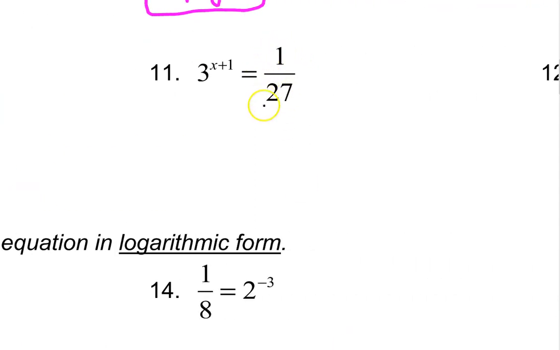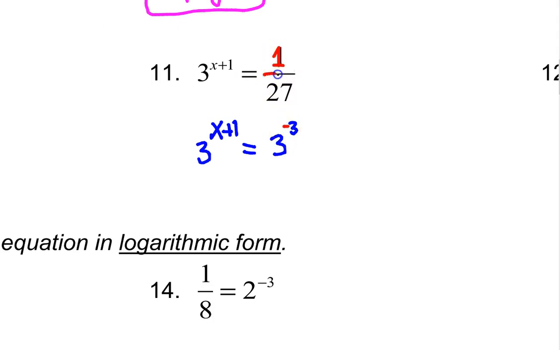Same idea here. We just have to know how to rewrite 27 in the same base. So since we have a base of 3 on the left, how can you rewrite 27 as 3 to some power? So if 3 to the 3 power is 27, that means 3 to the negative 3 power is 1 over 27.